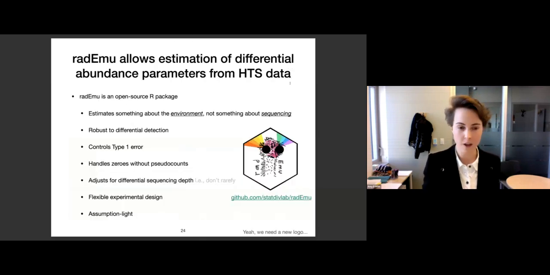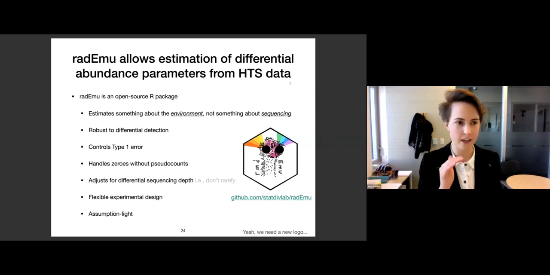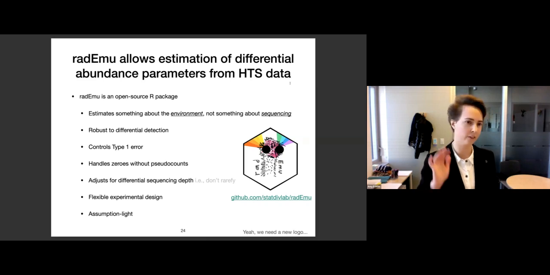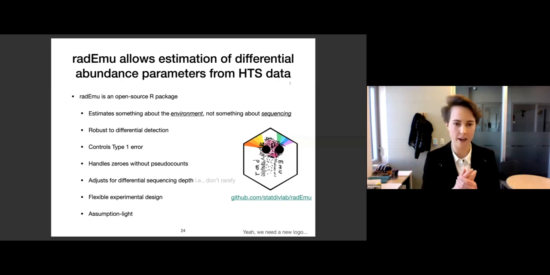Before I summarize and we go to questions, I just want to tell you a couple of things that I really like about RadEmu. I will say that none of the other methods that perform equivalent differential abundance tasks share all of these properties, and that's something I'm really excited about. RadEmu is an open source R package.